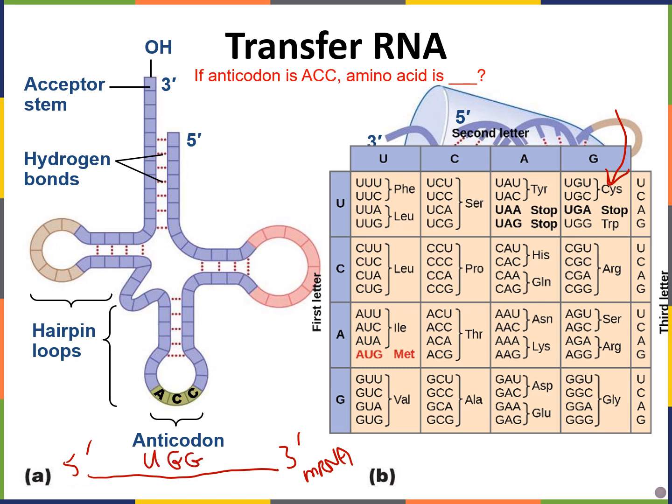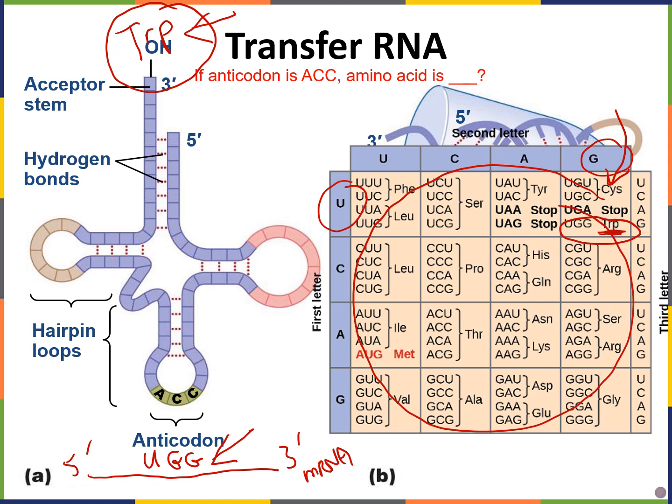And if I look at my codon chart, UGG encodes the amino acid tryptophan. So that's the amino acid that would be attached on the other side of the transfer RNA molecule. So notice that the amino acid is determined by the codon, not the anticodon. So we look at the codon chart here.